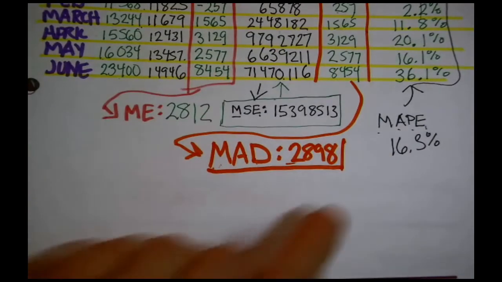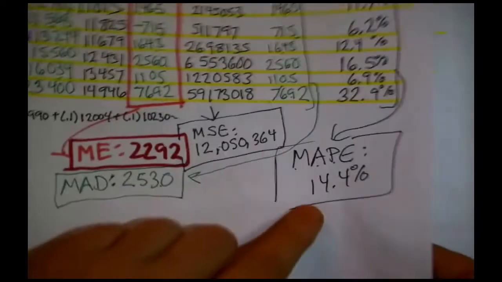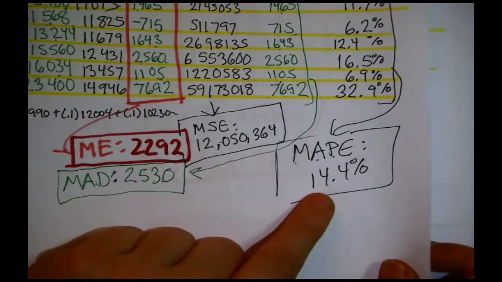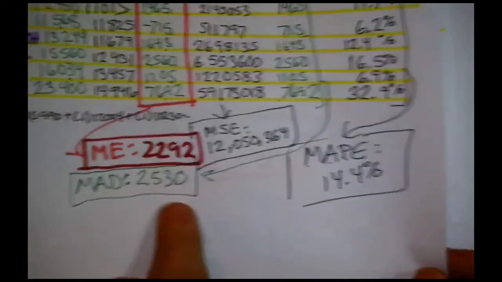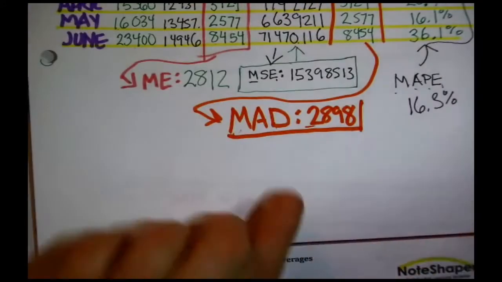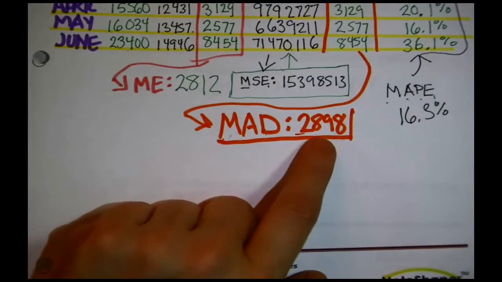You could comment that the weighted moving average appears to be doing a little better. This is simple moving average. See, that's 16.3, whereas this is 14.4. That's closer to 0. Also, look at, for instance, the MAD, 2,530 for the weighted. The MAD here, 2,898, it is also larger.